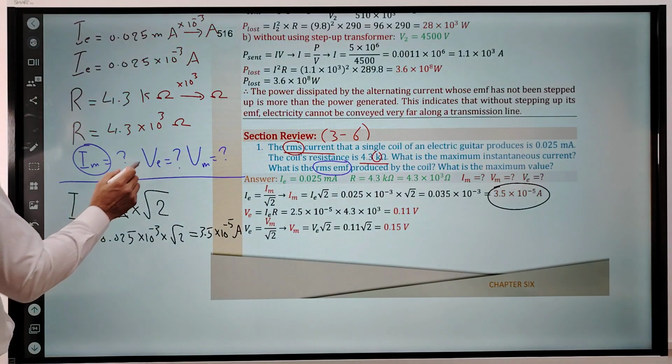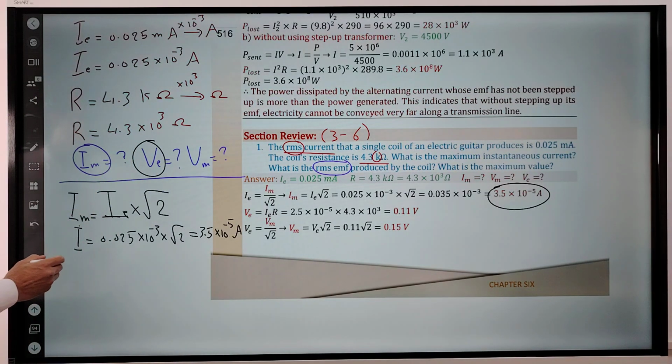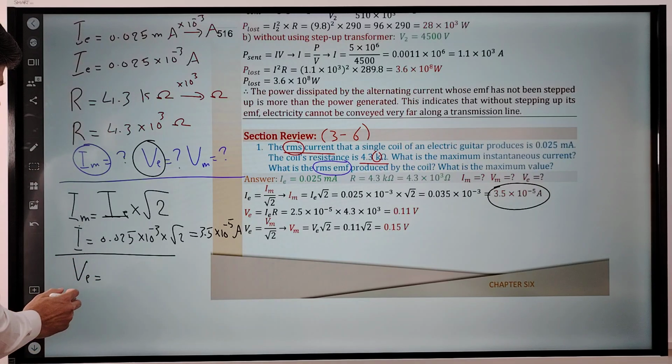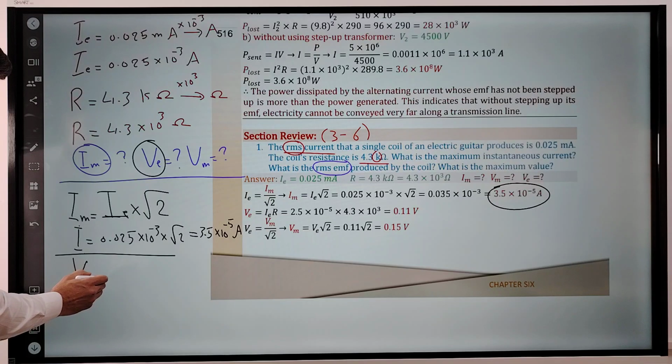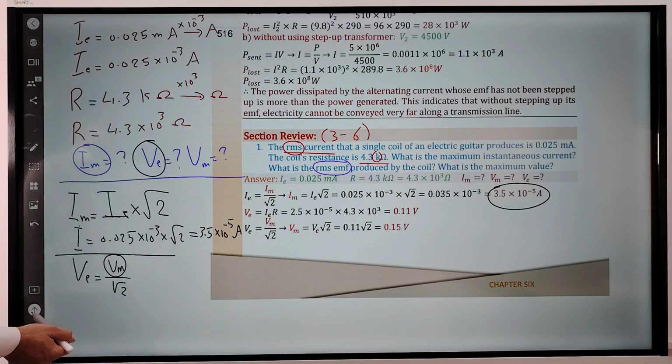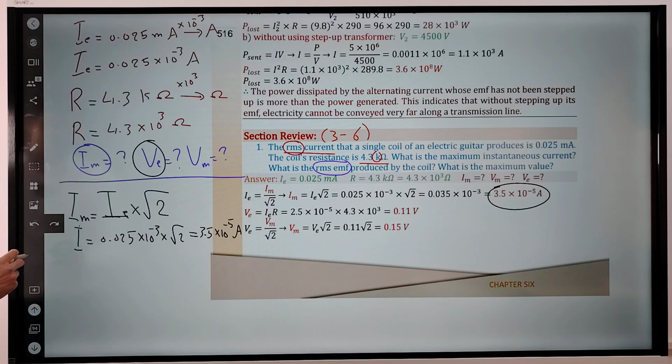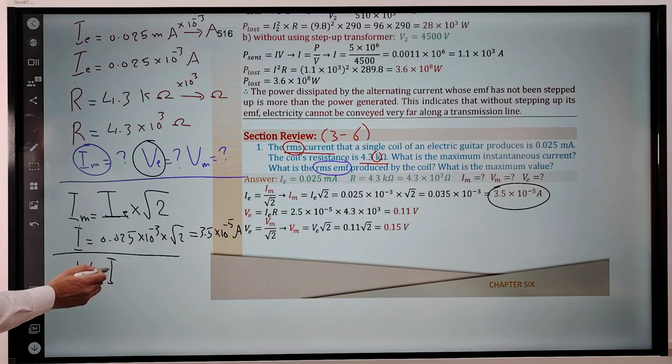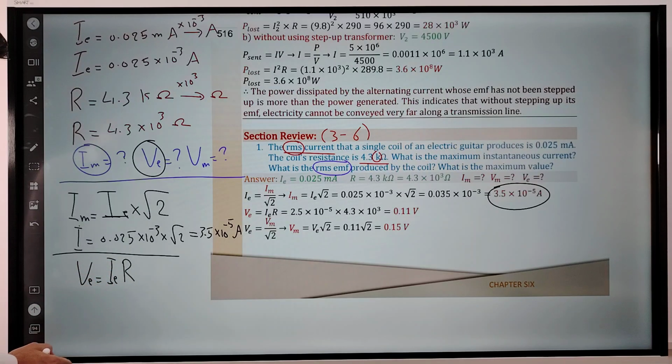For the second unknown, the effective value of potential difference, V effective is equal to Vm over radical 2. But we cannot use this equation, because we don't have the maximum value of potential difference. So we have to think about another equation according to Ohm's law. V effective is equal to I effective times resistance.